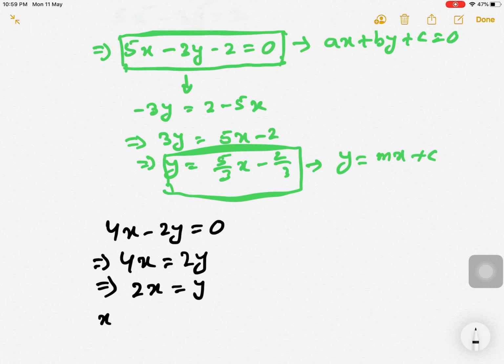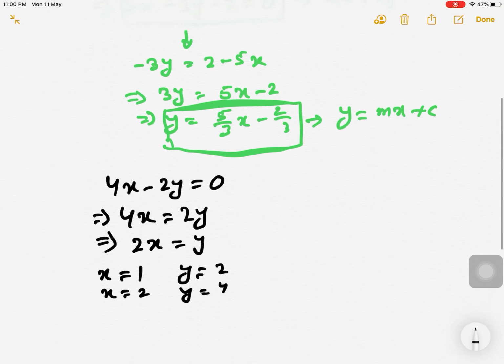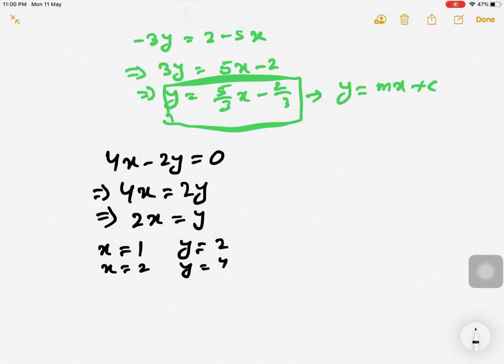So I have different values. Let me take x equal to 1. Then y is equal to 2. If x equal to 2, y equal to 4. So these are the different solutions. If x equal to 0, then y is also 0.